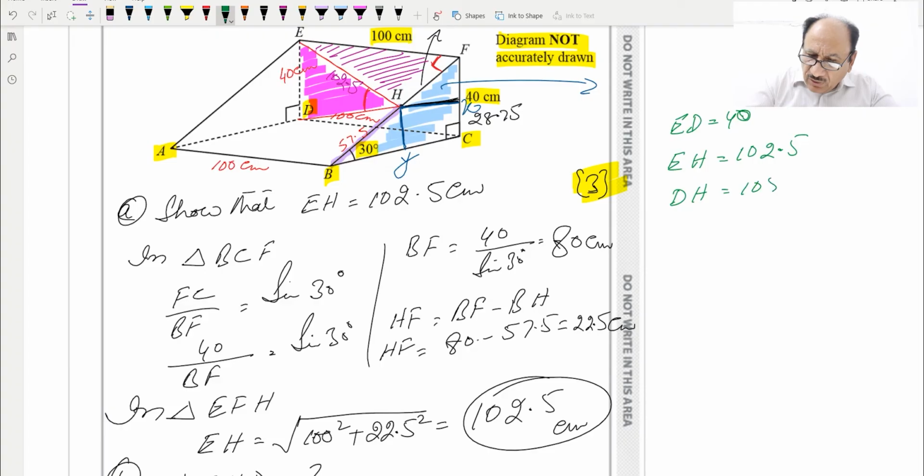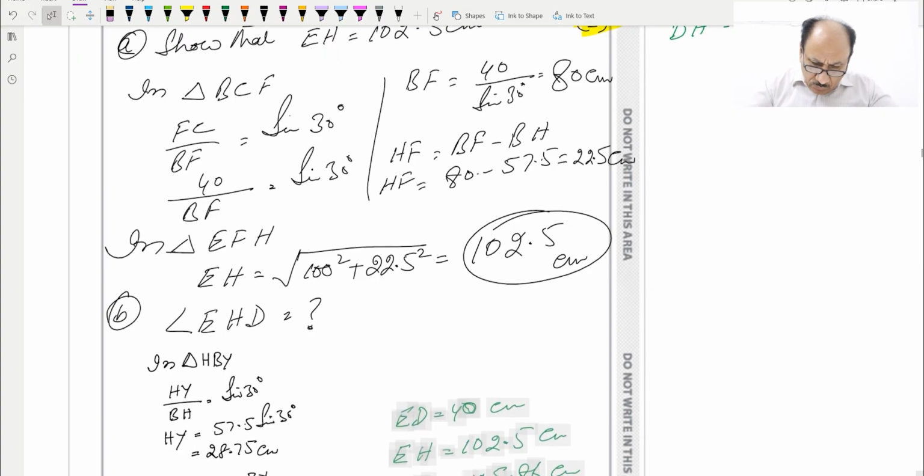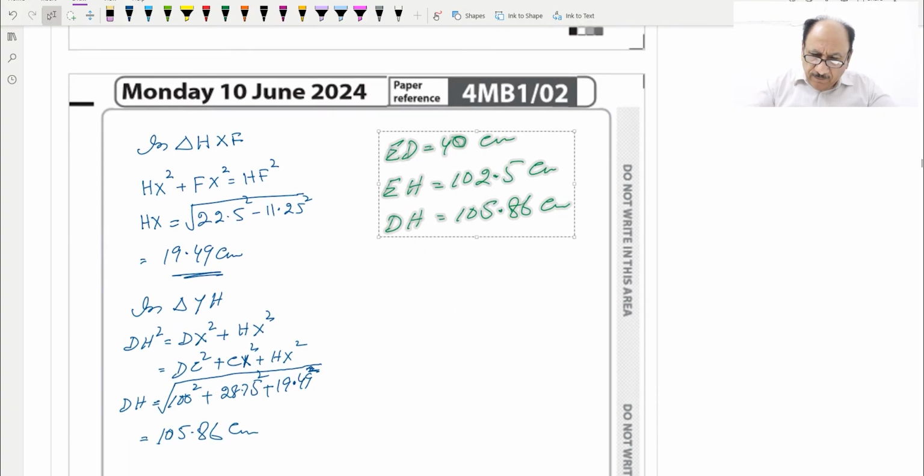These are all in centimeters. These are the measurements I'm shifting to the proper location over here. We have these three measurements of the triangle, and we need to find the angle.